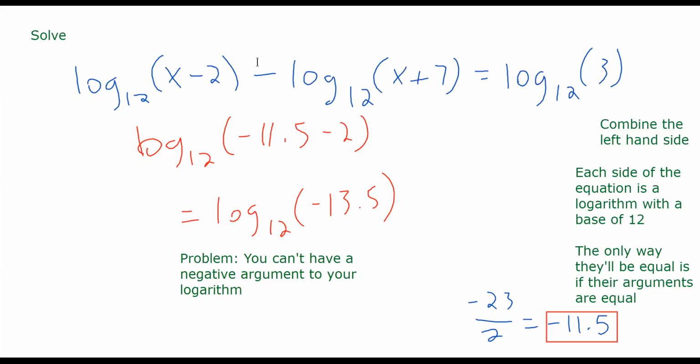Which means that this is not allowed. That's not a solution that's going to work. And so finally, we're going to say there's no solution here. That is the true blue bona fide answer to this problem. No solution.